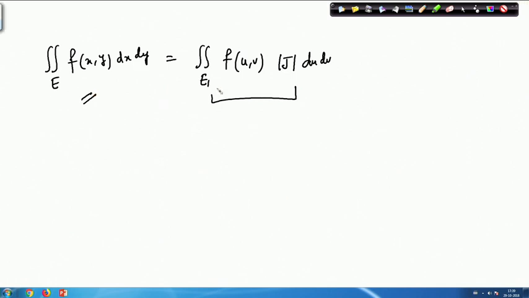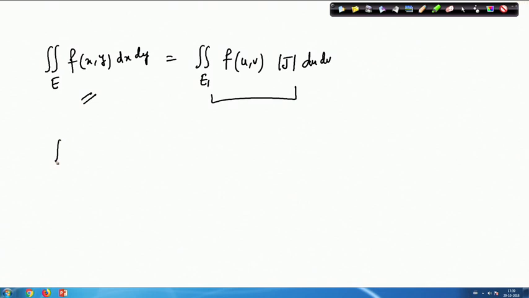And of course we have to find out the range for this integration, so it will change accordingly based on the transformation, and then we just calculate the Jacobian, and then we calculate this integral, and in most of the cases this actually comes out to be a very simple integral to compute, and the answer would be exactly the same.